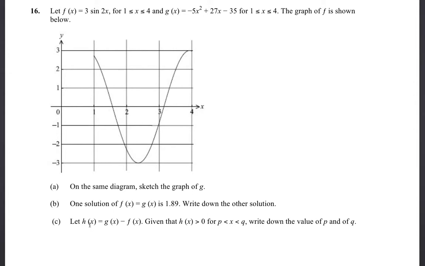Now, since h of x is equal to g of x minus f of x and h of x is greater than 0, it basically means g of x has to be greater than f of x between p and q. Okay, so this parabola is g of x, and this circular function is f of x. So you can see that g of x is above the curve of f of x between these two points.